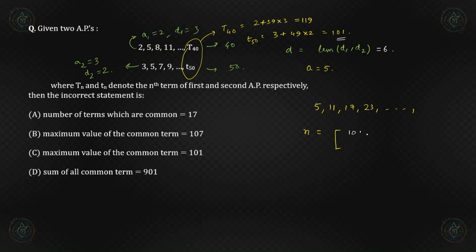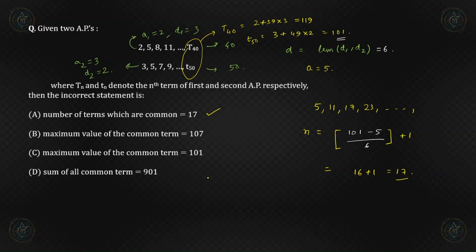So this will be 101 minus the first term of the combined AP, which is 5, divided by the common difference of this combined AP, which is 6, greatest integer, plus 1. Okay. So if we calculate, this becomes 96 by 6. So 16 plus 1. So this becomes 17. Okay. So number of common terms equals 17.